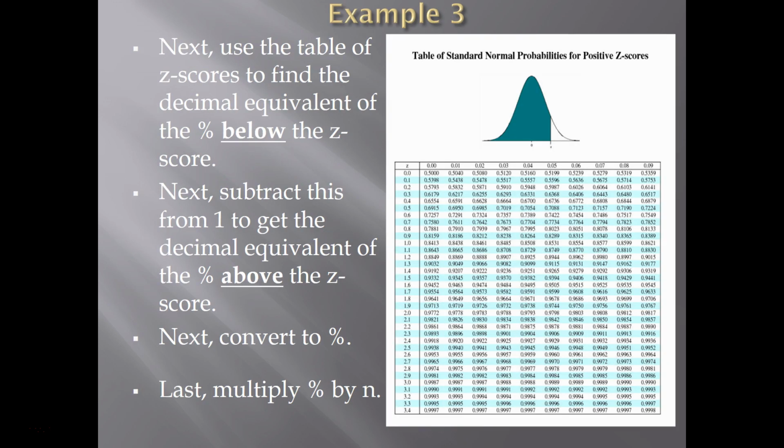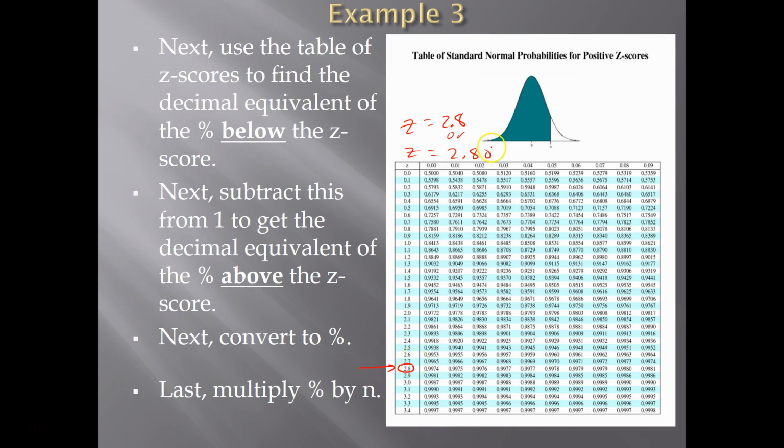All right, so let's find 2.8. So I need a z-score of 2.8, right? Or I could think about it as a z-score of 2.80. All right, so the 2.8 is right here. Okay, so I'm going to be looking in this row.